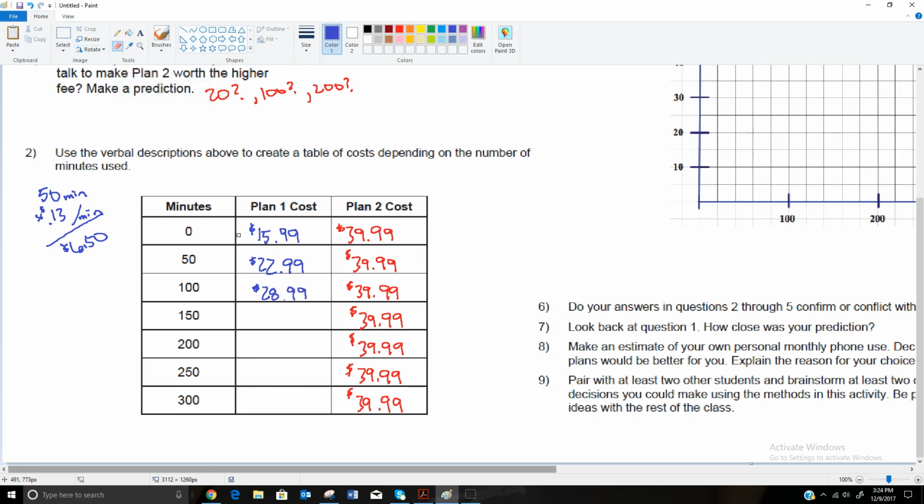Sorry, this isn't 99, this is 49. So $22.49. All right, and then if we add another $6.50, we're going to reach $35.49. Another $6.50, we're going to reach $41.99.